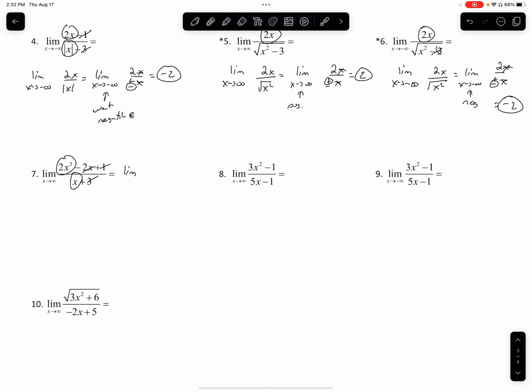So we get the limit as x goes to infinity, 2x cubed over x. Now notice I can reduce it. We get 2x squared. Now if you notice, this is just a parabola. What this is saying is that in the end, this is just a parabola.